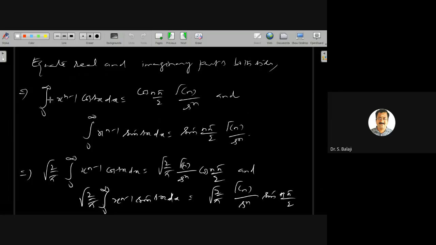Both seem like a Fourier cosine transform, and this is the Fourier sine transform. If you multiply both sides by root of 2/π, it will definitely be the definition of Fourier cosine and Fourier sine.